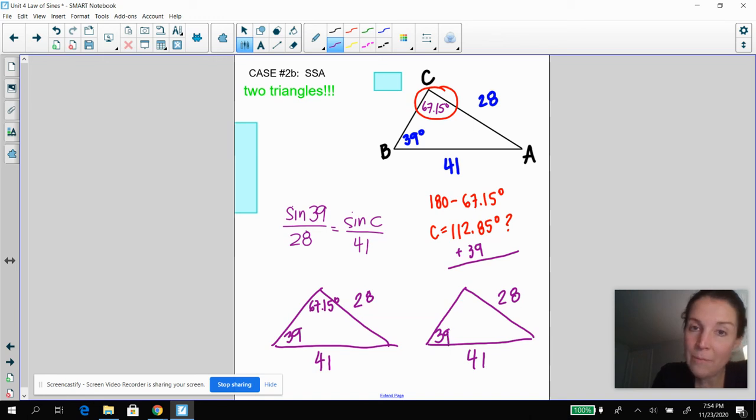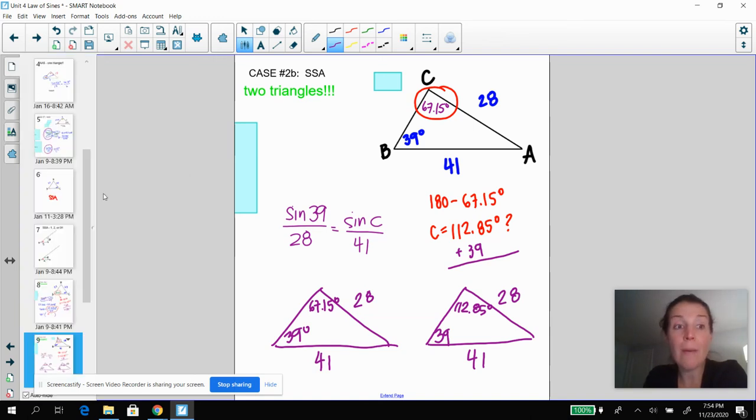But now the top is going to be 112.85 degrees. So you would have to solve two triangles here. So annoying, but you could do it. You just have to do law of sines over and over again. I promise that life is not that hard, and we are in this together. But hopefully that makes sense.